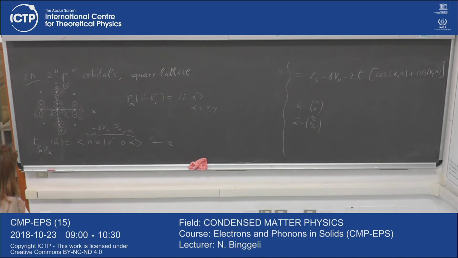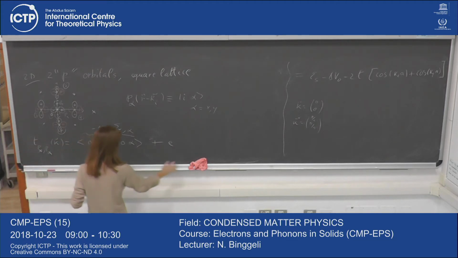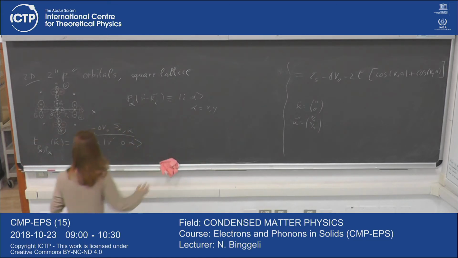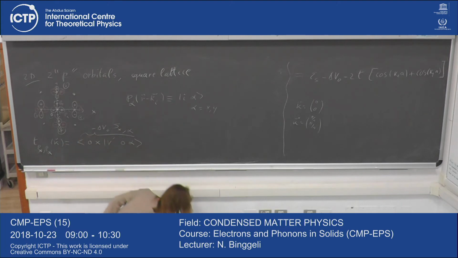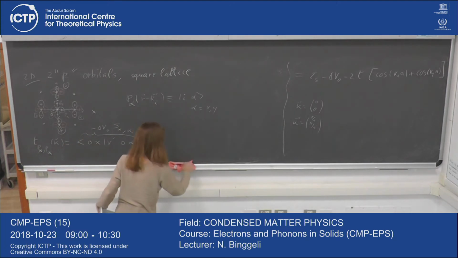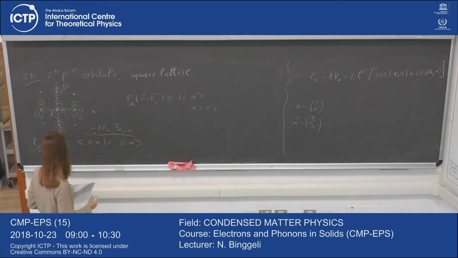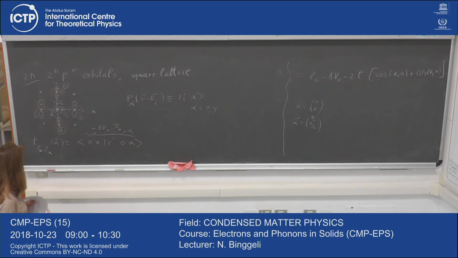Allora, the matrix element of the diagonal I'm getting just this. For the nearest neighbors, it is okay.